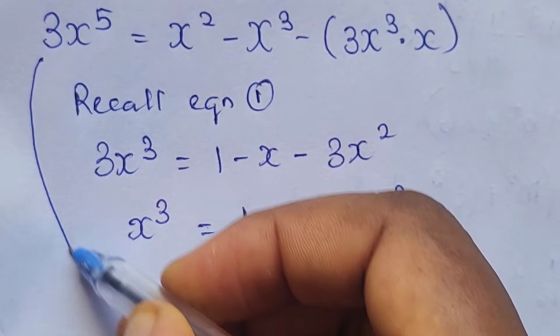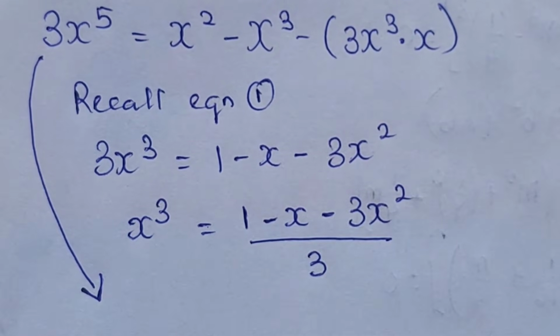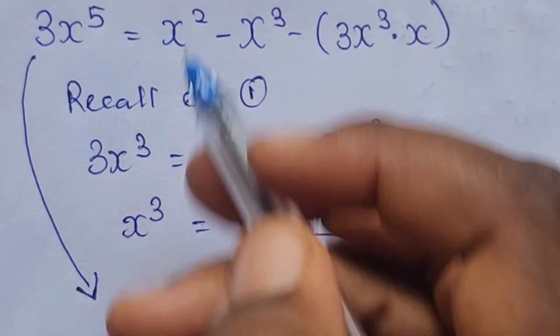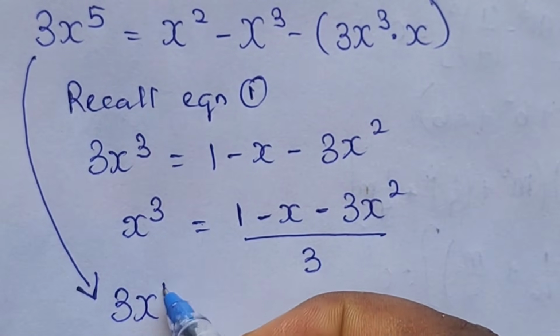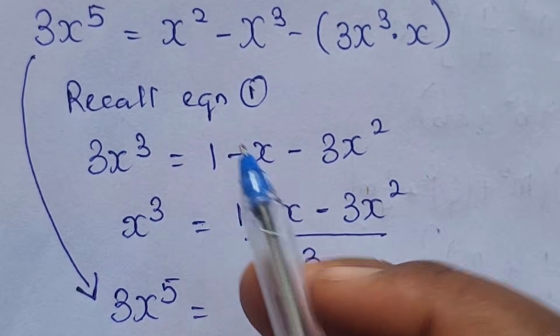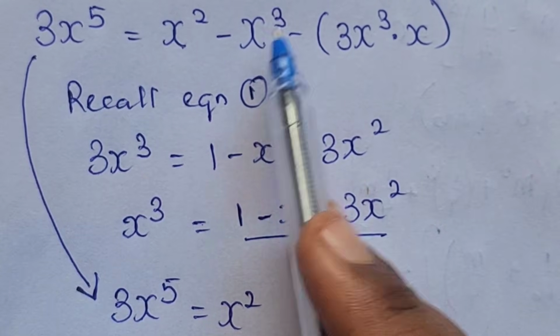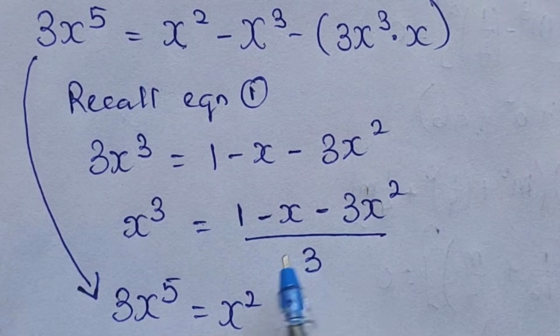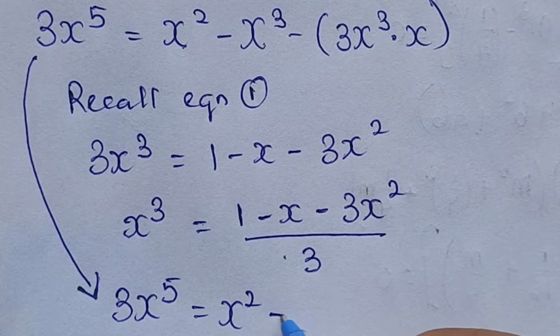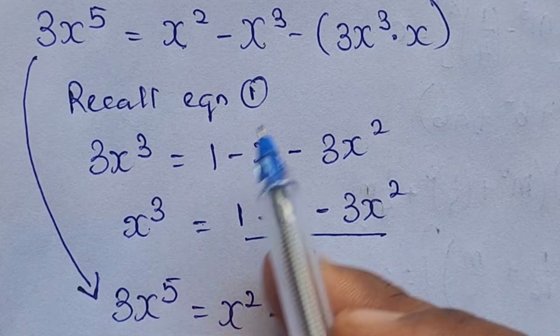So this equation here, we can rewrite it as 3x to the power of 5 is equal to x squared, and we have x to the power of 3, which is this. We have minus our x to the power of 3.